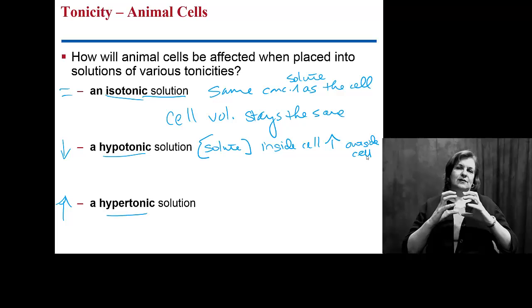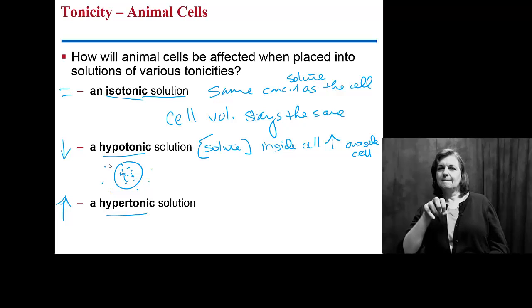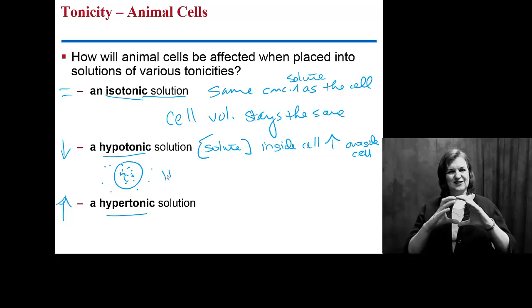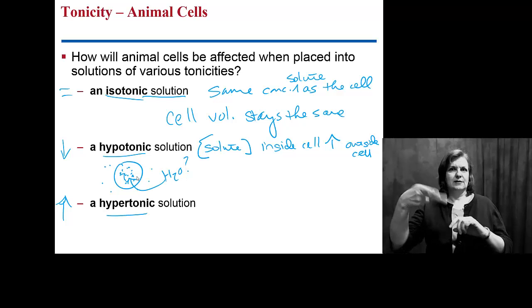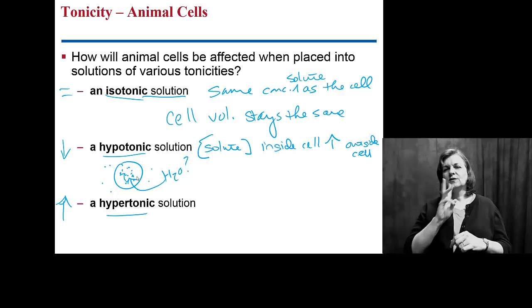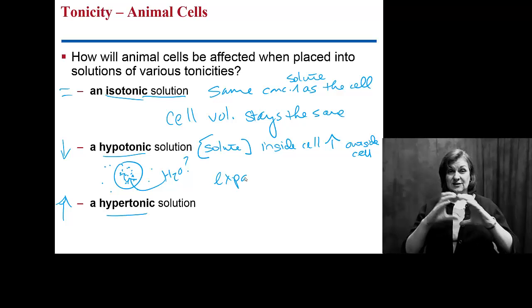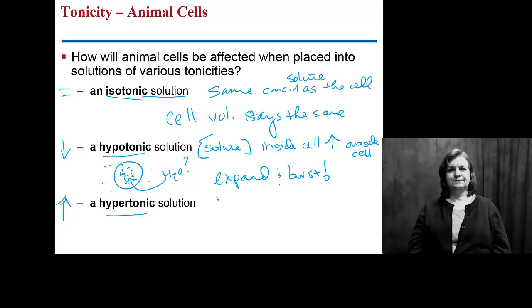The solute concentration is high inside and low outside. Which way is this water going to move? Water wants to move in. It's the lower concentration of water is inside the cell. Water moves in, and we actually get a cell that may expand and burst or blow up if too much water moves in.